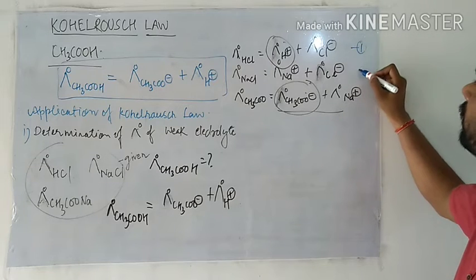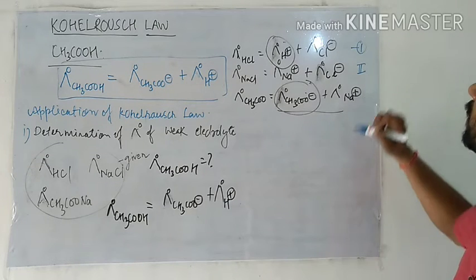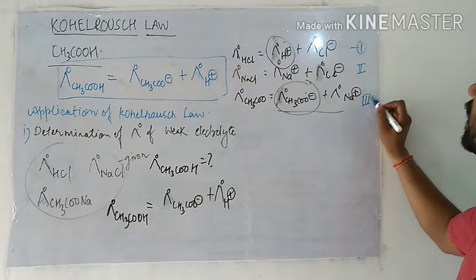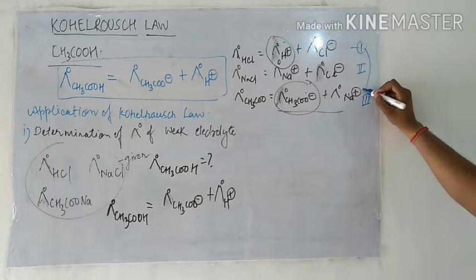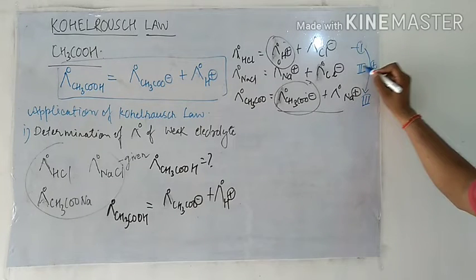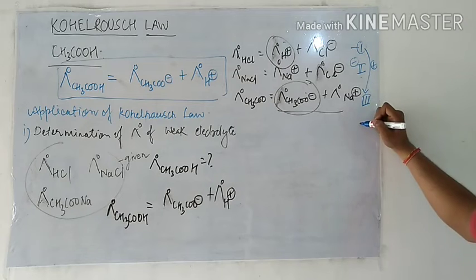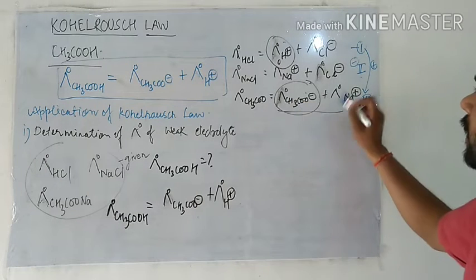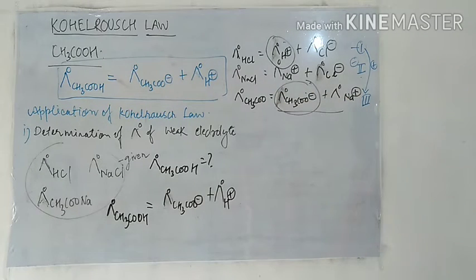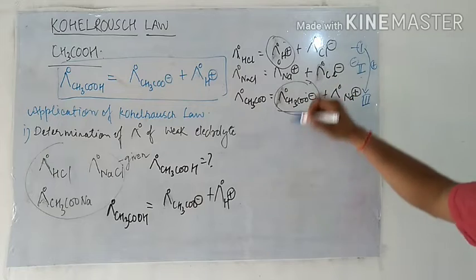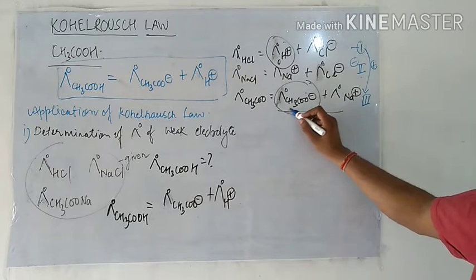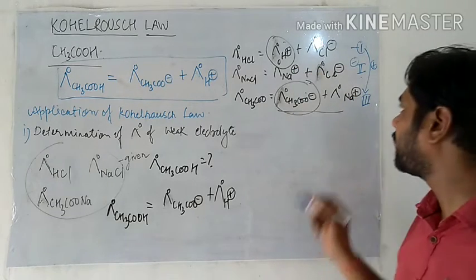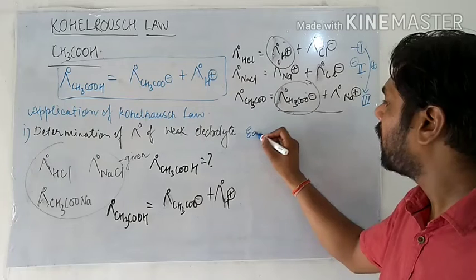This is equation number 1, this is equation number 2, and that's equation number 3. If we add equation 1 and 3 and subtract equation number 2, what happens? Na will cut off and chlorine will cut off, and we will remain with acetate ion and H positive ion.